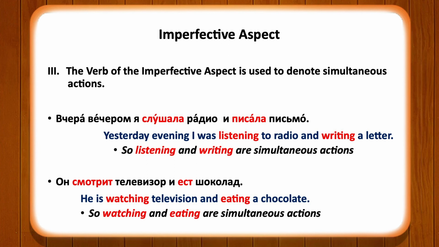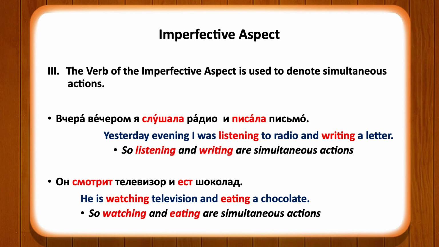Next example that we will take is он смотрит телевизор и ест шоколад. The verbs are смотреть and есть. Смотреть means to watch and есть means to eat. See, these two actions in present tense are taking place at the same time.